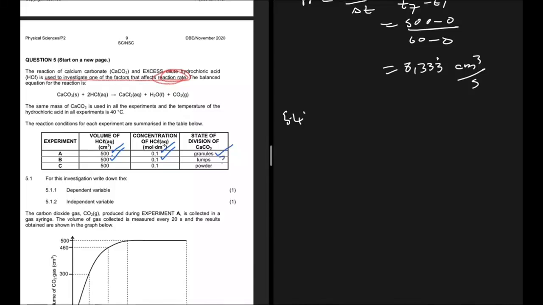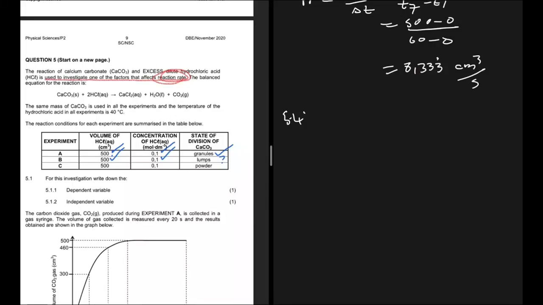So the reaction rates will be different for these two reactions, but at the end of the day, the volume of CO2 at the end will be the same because it is said that they use the same mass.